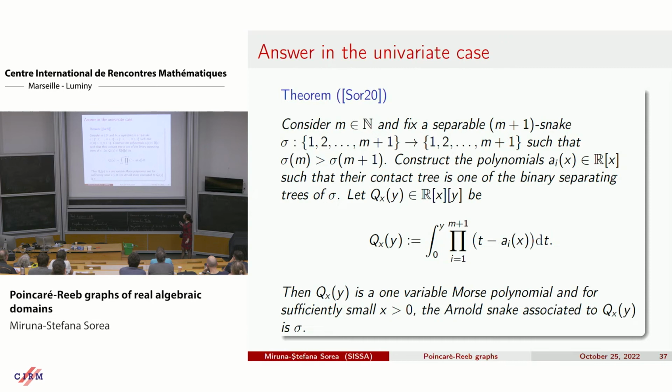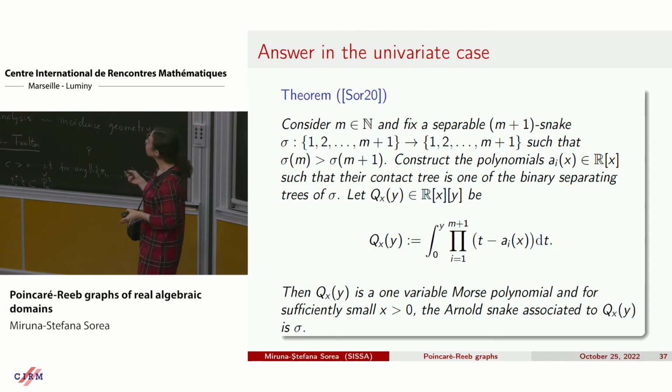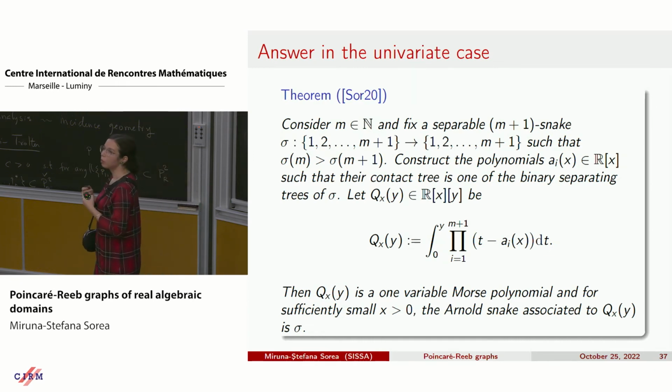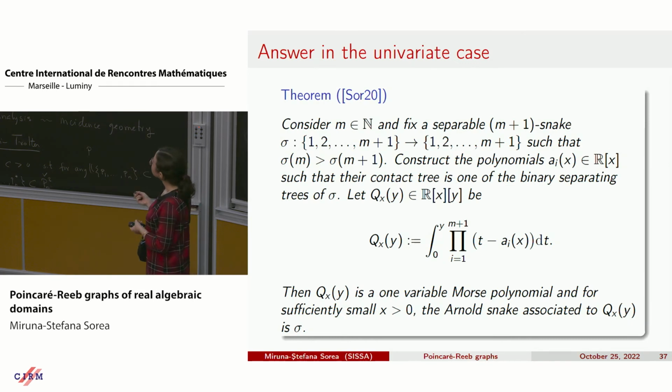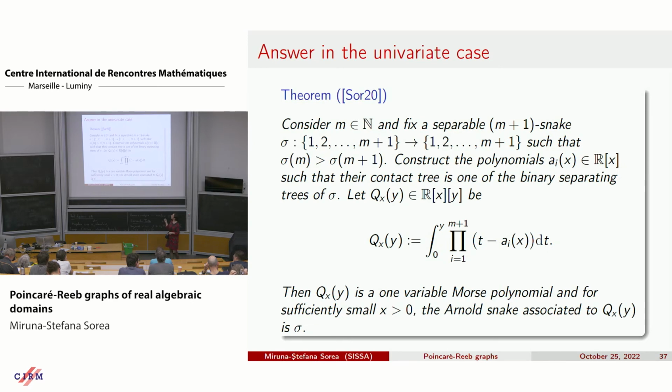Essentially, we take the product. We have the snake, we decompose the snake as I was showing you, and we get these Ai of X, polynomials in one variable. We plug those into this product, and then we take the integral. And this polynomial Q of Y, for a sufficiently small positive x, is a Morse polynomial, and its Arnold snake is the given one, sigma.